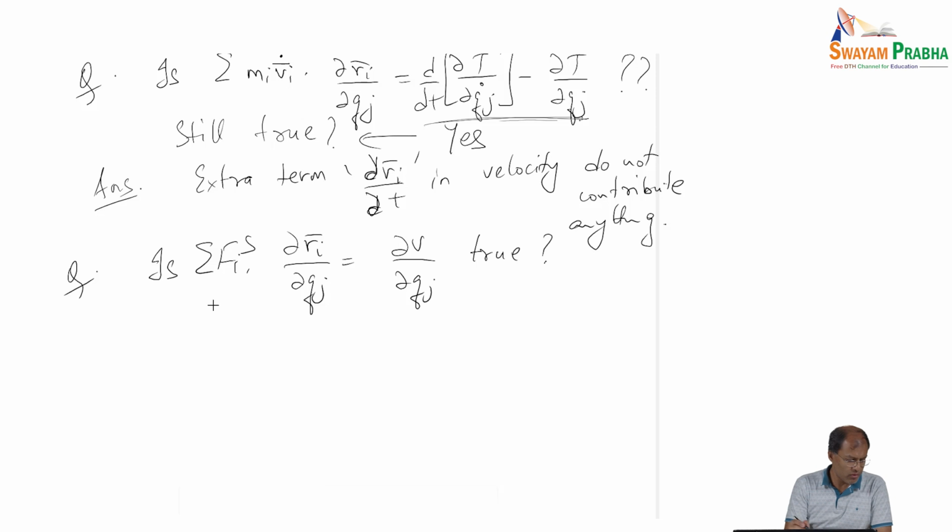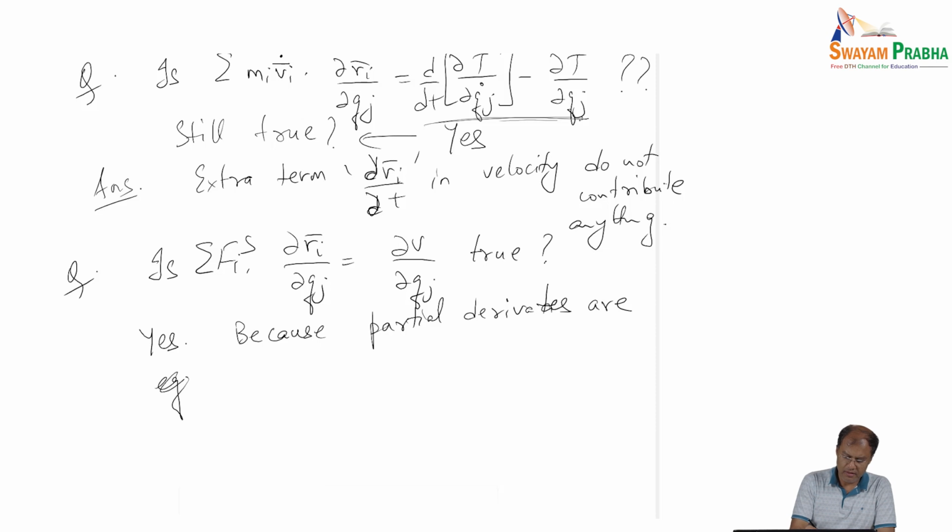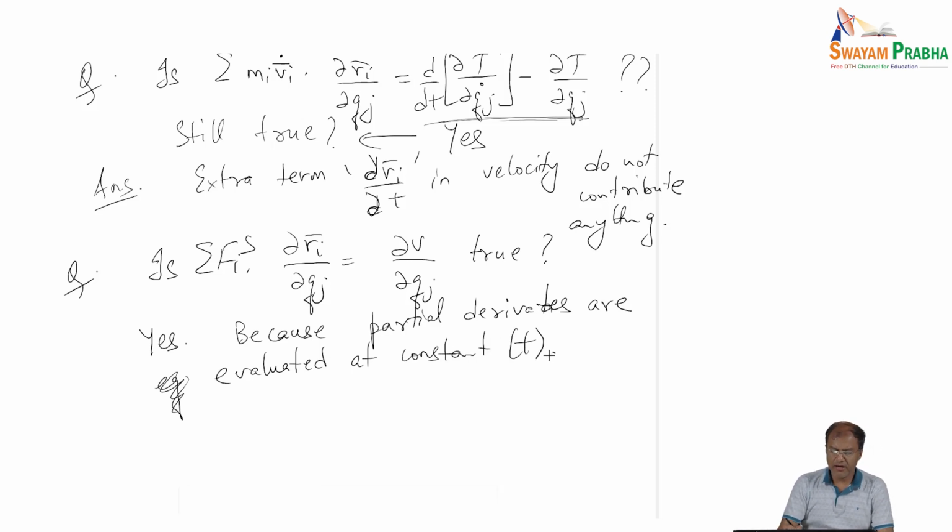Okay, so the question to the third part is, is this true? The answer is yes. Because again the partial derivatives are evaluated at constant t, and you see that the Lagrange equation this time holds with moving constraints as well.